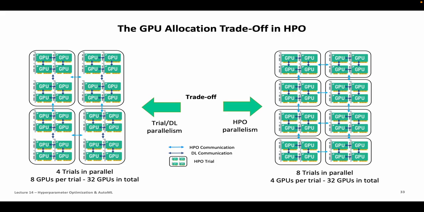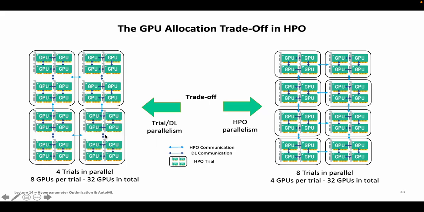But then if I have a fixed number of GPUs, using more GPUs per trial means that I have fewer trials running in parallel. So if I use 8 GPUs for the distributed deep learning loop of my neural networks, and I have 32 GPUs in total, I can just run 4 trials in parallel.